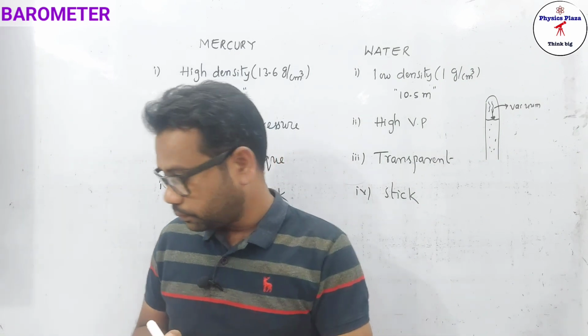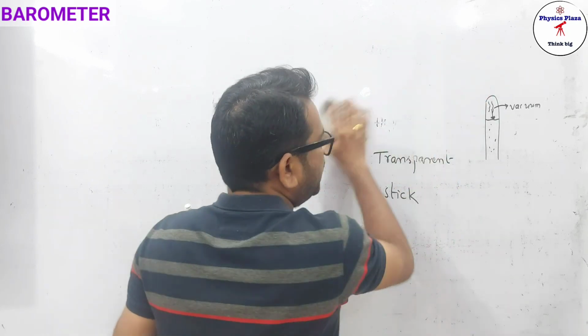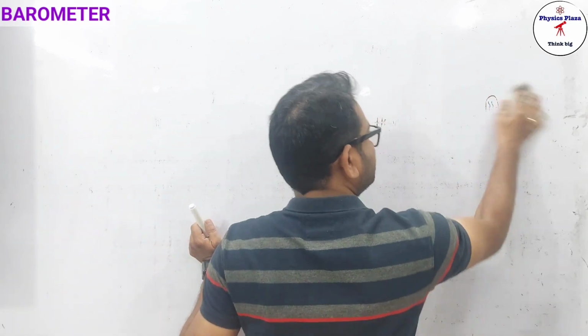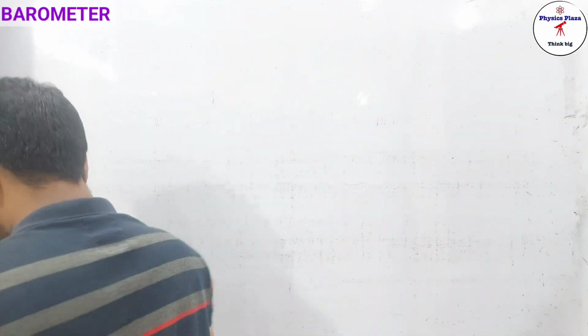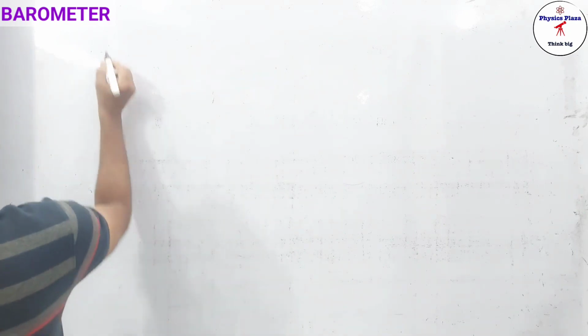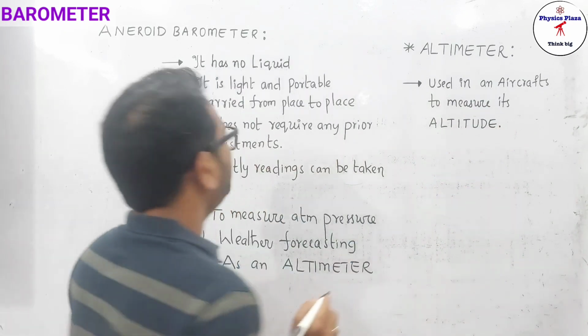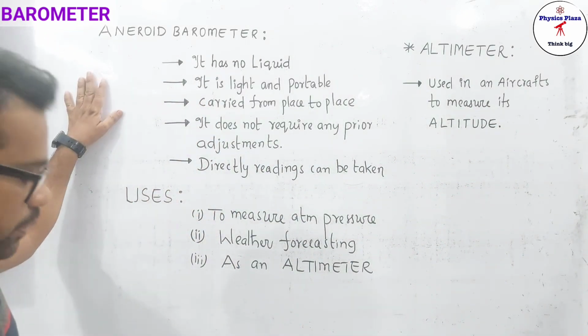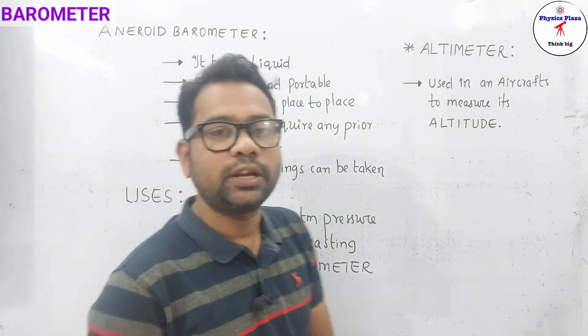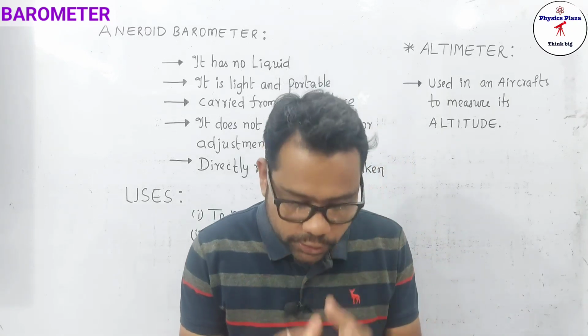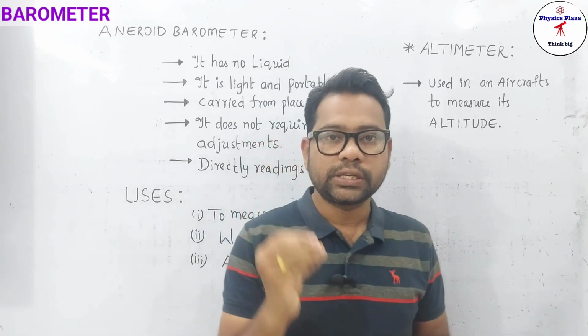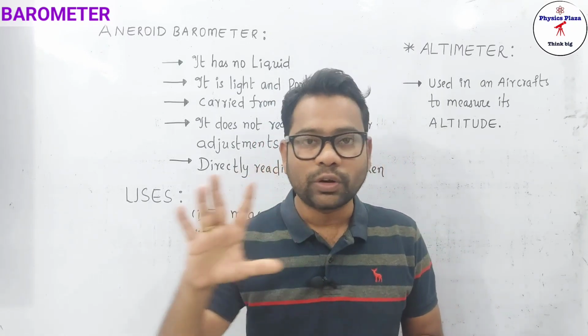Fine. The last one is the aneroid barometer. Now we'll discuss a few points about the aneroid barometer. Fine, children. Now look here, record the aneroid barometer. And for your kind information, children, the working and the construction are not there in the syllabus, so not to worry about it.